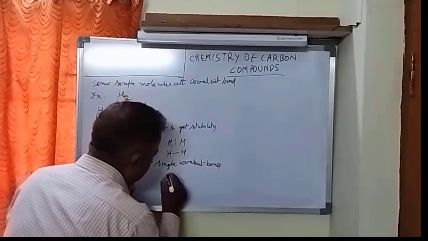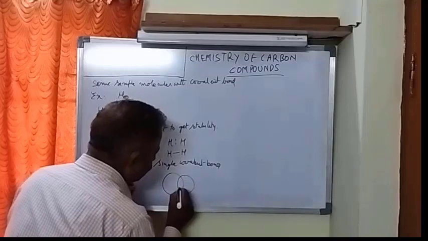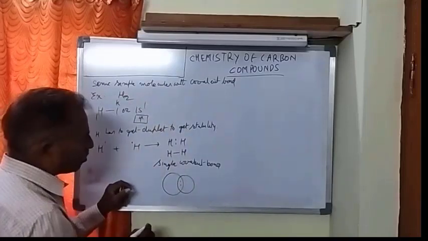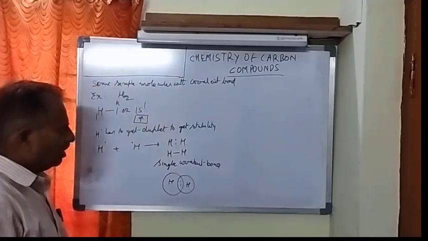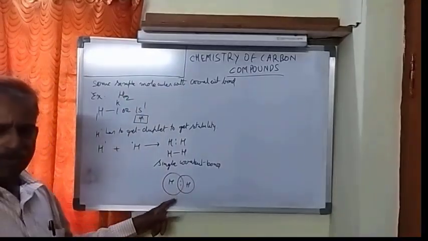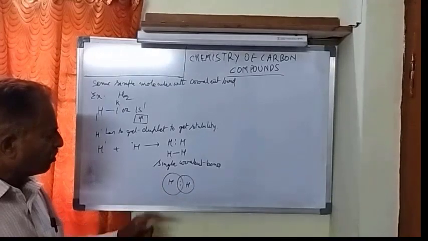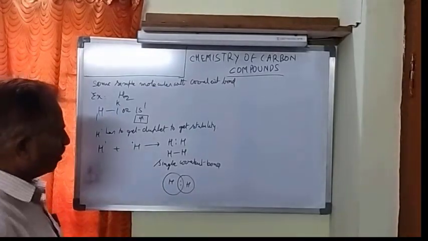Or this hydrogen molecule is also represented in this manner, 2 circles, H here. So this is a hydrogen molecule with one pair of electrons shared in between both the hydrogen atoms.